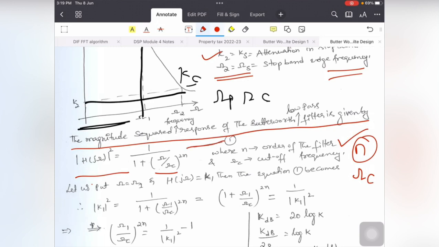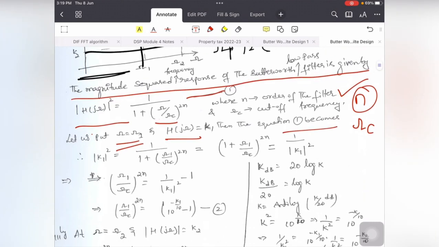Now let us put omega equal to omega 1 and |H(j omega)| equal to k1 in equation 1. Wherever omega is there, replace that omega by omega 1 and this H(j omega) by k1. So we will get magnitude of k1 square equal to 1 divided by 1 plus (omega 1 divided by omega c) whole power 2n.